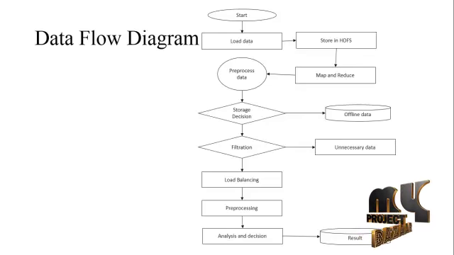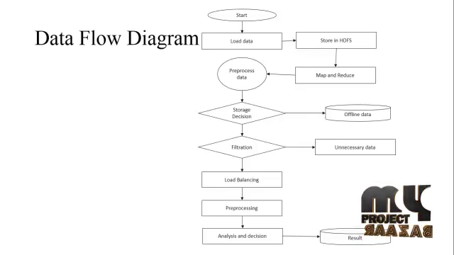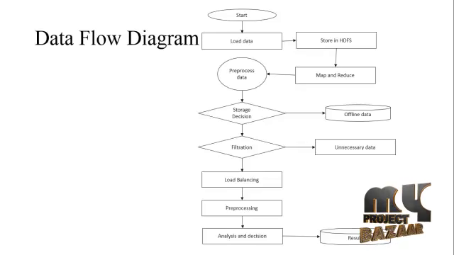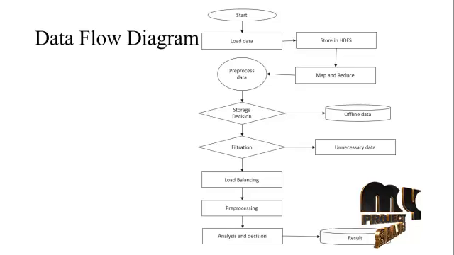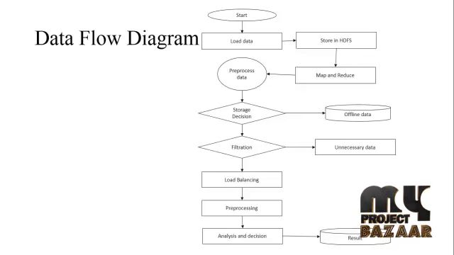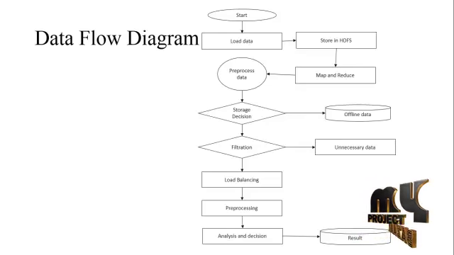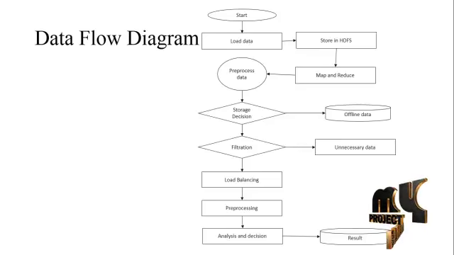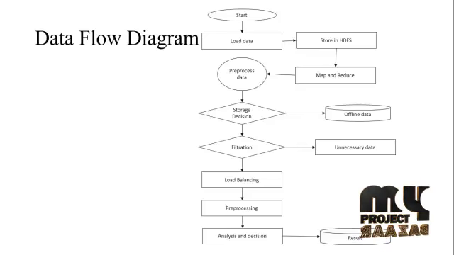That's why we remove the unnecessary data and store it in the unnecessary database. Then we do load balancing to efficiently run the different virtual machines. We split across the different virtual machines and assign the data to the virtual machines.